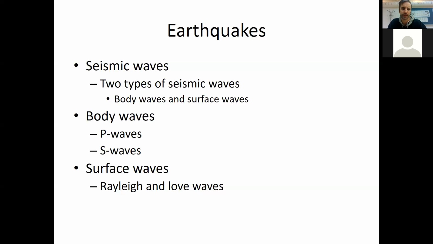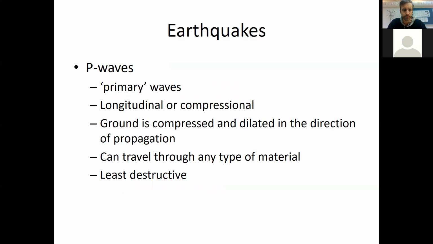The main ones are Rayleigh waves and Love waves, okay? The ocean waves are the most similar to Rayleigh waves that you can get. So I'm going to go into a little bit of detail talking about each one of them now.